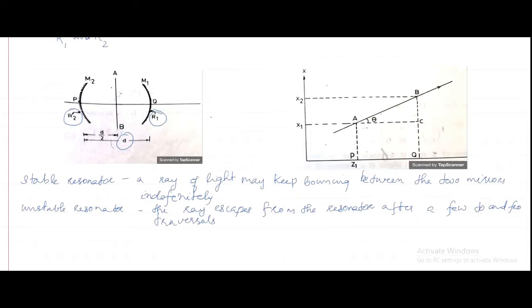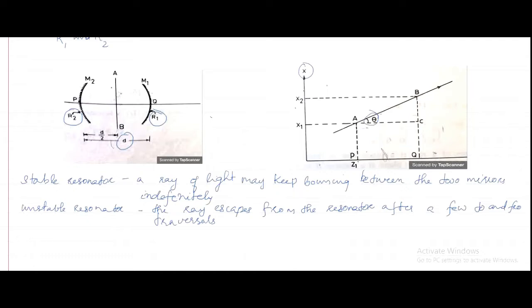The ray may be described by specifying the height of the ray, that is the x coordinate, and the angle it makes with the z-axis, namely theta. The z-axis is assumed to be along the axis of symmetry of the optical system. For a simple mirror, it is along the axis of the mirror.